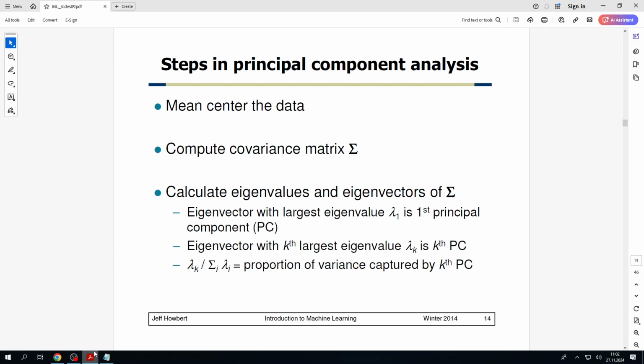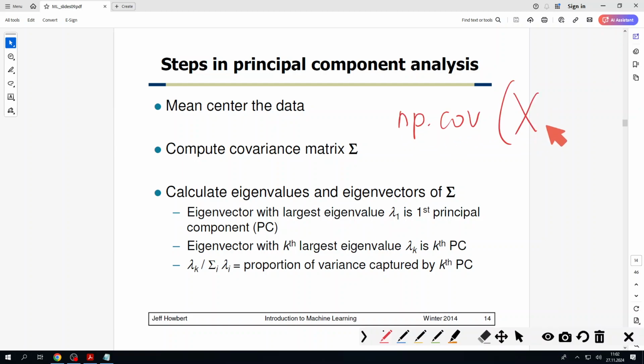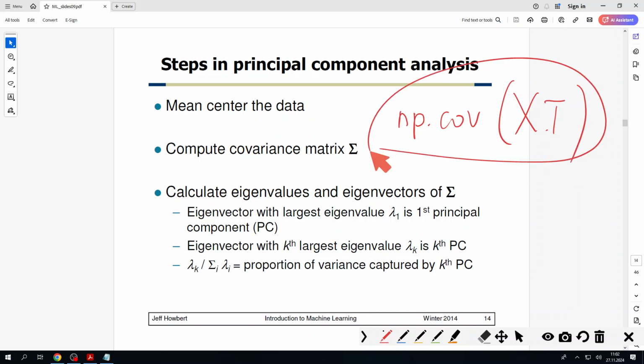That's how it's working. And in Python you can use as simple as numpy cov of your matrix X transpose to do this operation. So again, you don't really have to calculate it manually. I just wanted to explain exactly what it is.